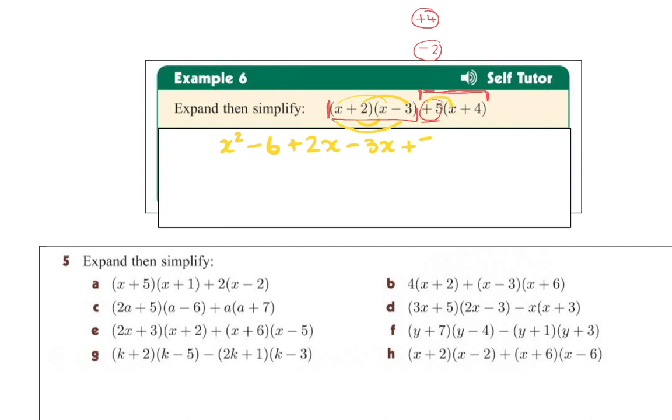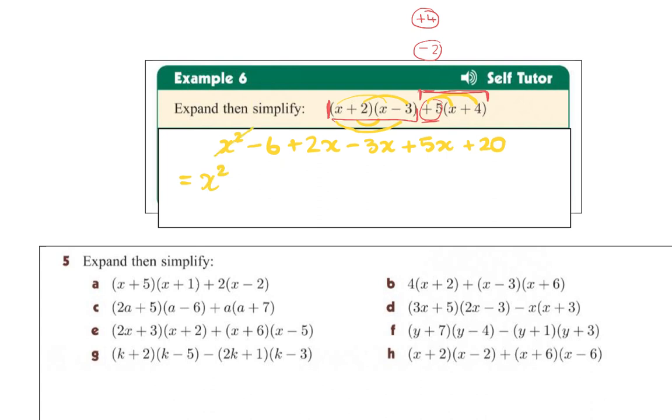5x plus 20. And now we've just got a big long string of algebra that we need to add or subtract from.